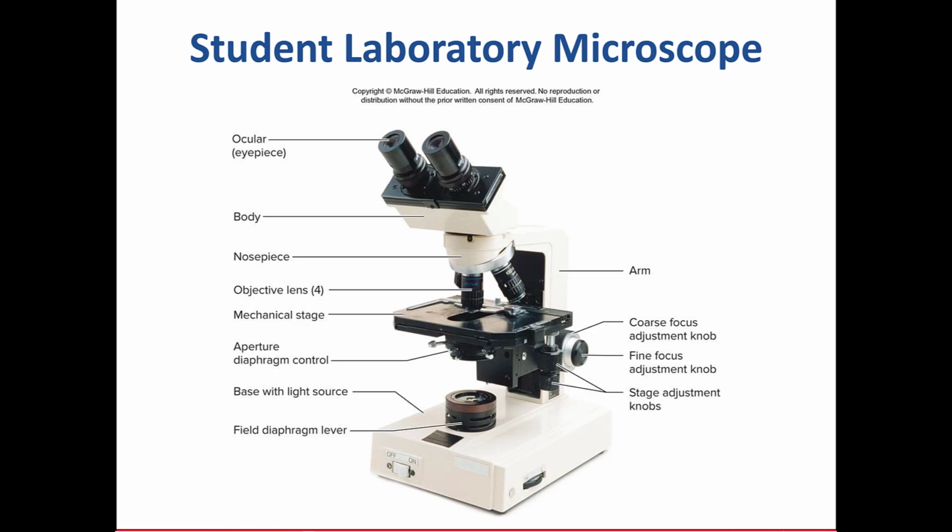So if you're interested, and I've had some students contact me, what do I need to look at for a microscope that I might want to buy online? What I would do, it's better to have a slightly higher end microscope at the low end, if you know what I mean, than to have a low end microscope that's pushing the high end of it.